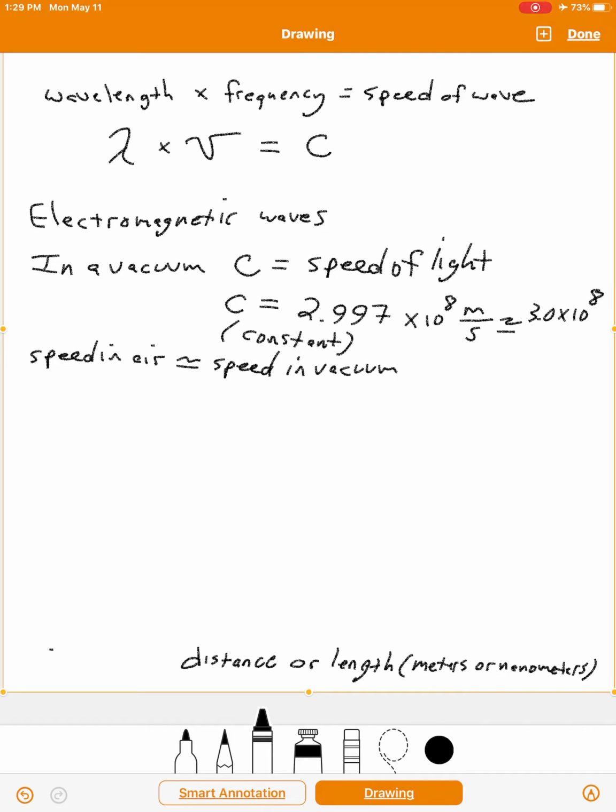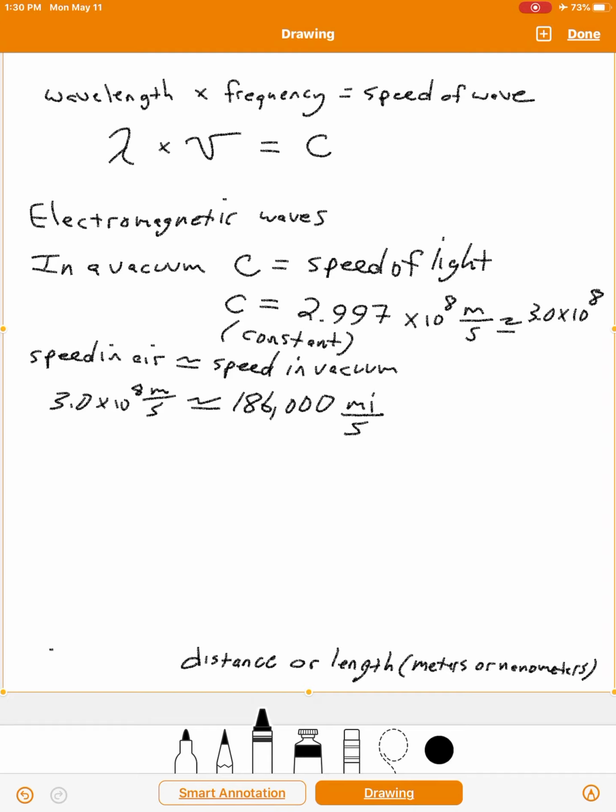Now, to put that in perspective, this value, 3 times 10 to the 8th meters per second, is approximately equal to 186,000 miles per second. Not per hour, but per second, 186,000 miles per second.